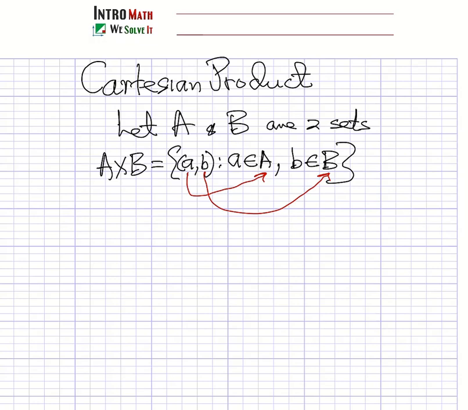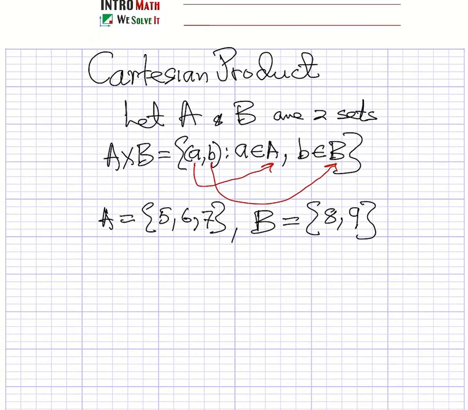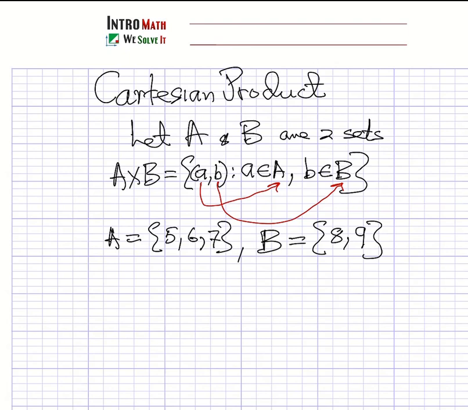Let's say A is equal to this set here, consisting of 5, 6, and 7, right? And set B consists of 8, 9, right? So the Cartesian product of those two sets is what? It's A times B is equal to, remember? You start with the elements of A, you pair them with the elements of B, right?